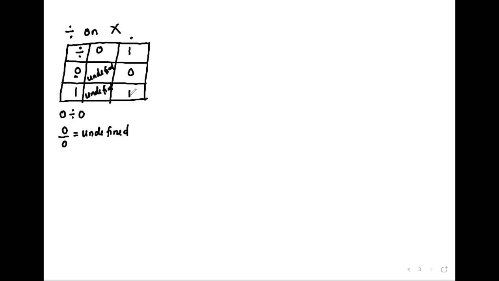The numbers that we have found, 0 and 1, belong to X, but undefined does not belong to X. Because undefined does not belong to X, we don't know what it means in the set X. So it means that division is not binary on X, since 0 divided by 0 is undefined.